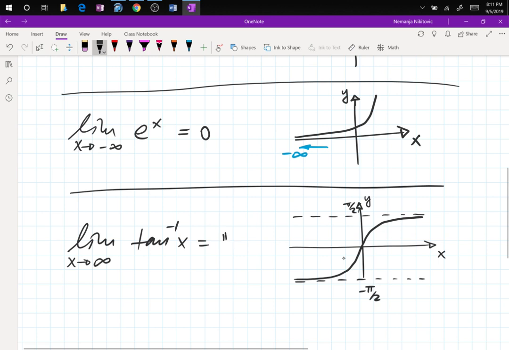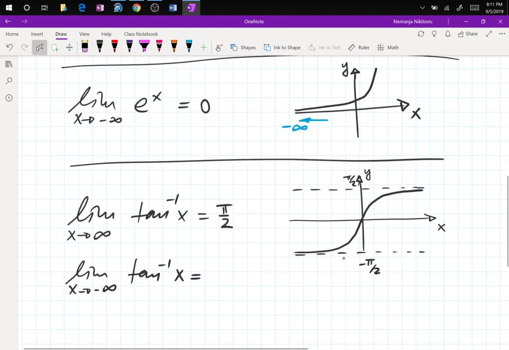Pi over 2. Then I am going to ask the limit as x goes to negative infinity for inverse tangent. Negative pi over 2.